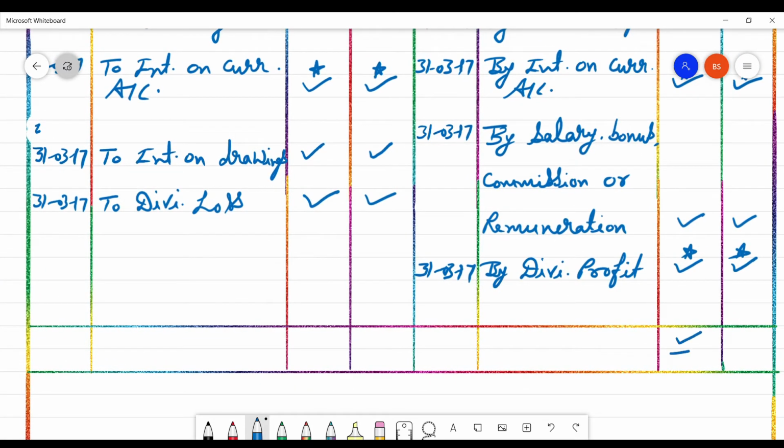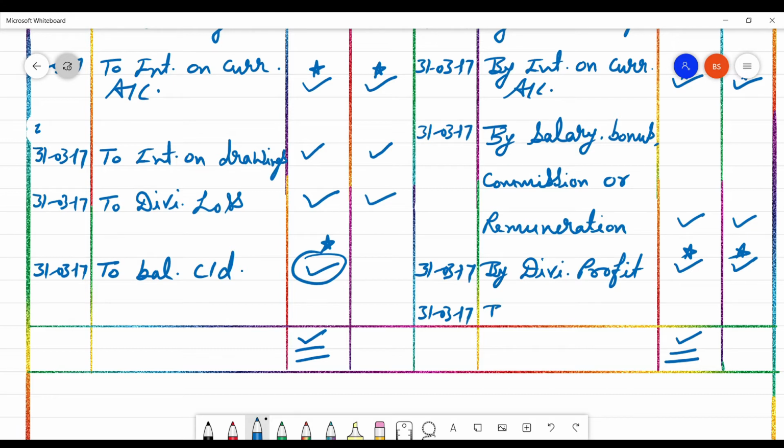If credit side total is more than the debit side, so difference will come in debit side to balance carried down. If debit side total is more than the credit side, then credit side's balance will be carried down by balance carried down.